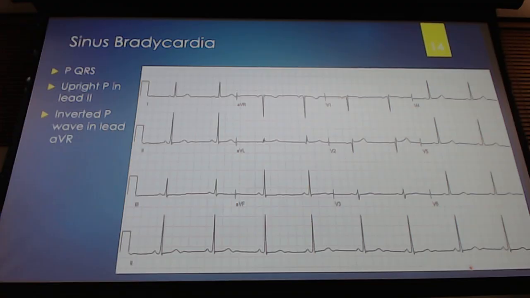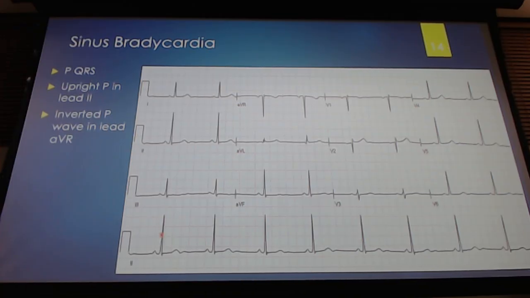How do we know this is sinus bradycardia? What are the two leads we look at to tell us that? Lead II and aVR. We're looking for an upright P in II and a downgoing P in aVR. We've got that P, QRS, T, and we look at those two leads, and that tells us this is a sinus bradycardia.